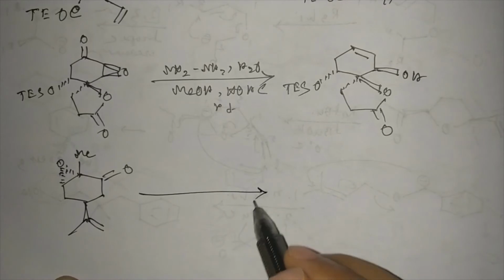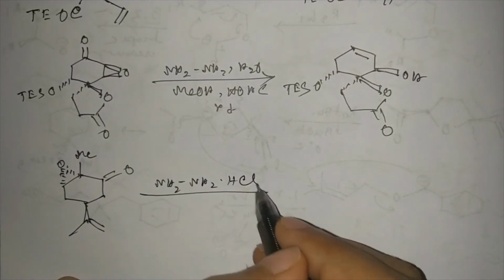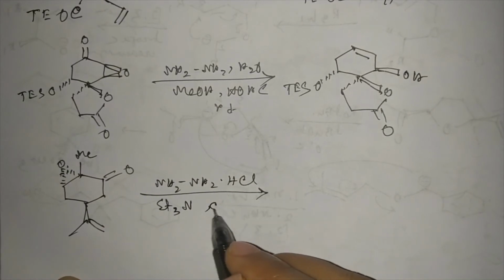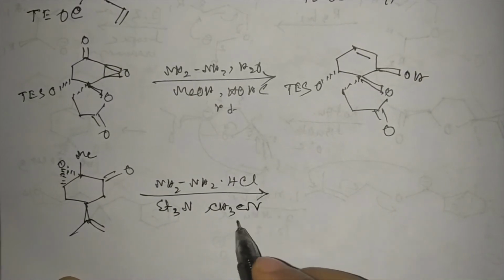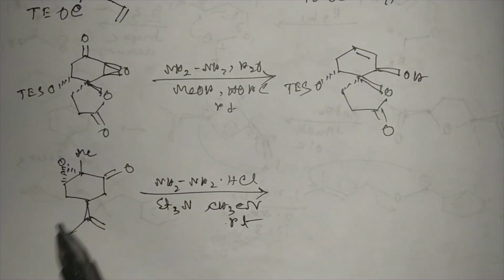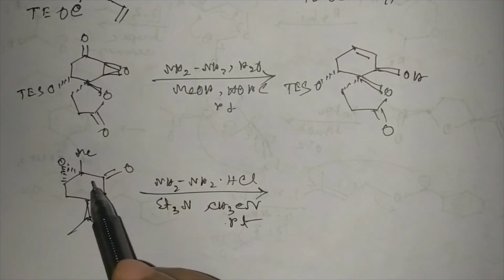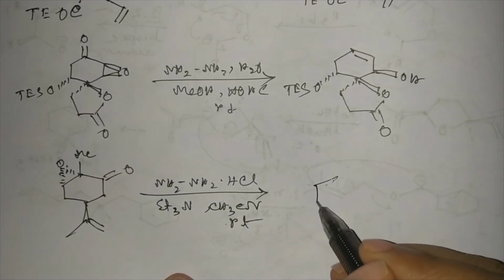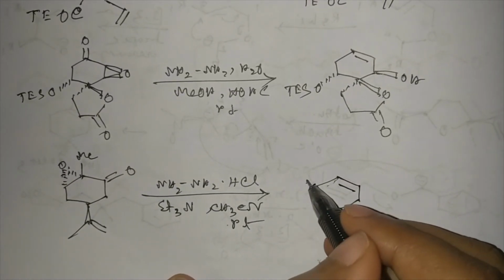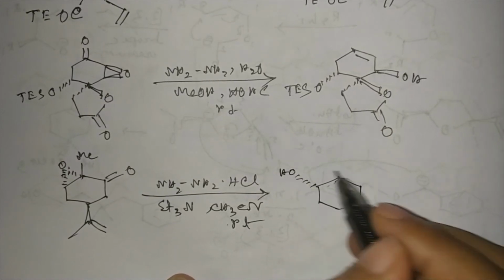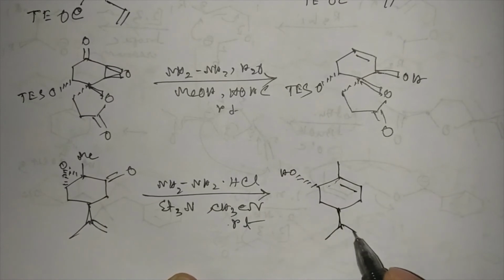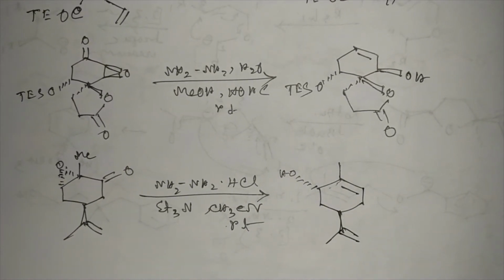If it is treated with a mild base, Et3N in CH3CN solvent at room temperature, the product will be: the OH group will be below the plane and here will be the double bond. Here will be the methyl and the remaining parts will be the same. So this will be the product.